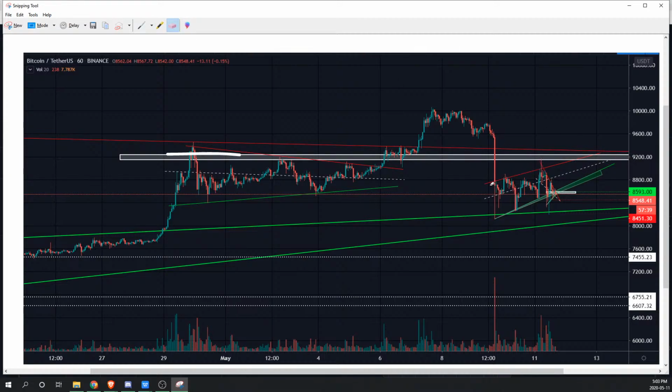So right now it's just an analysis of whether we're going to break to the downside here with that rejection, or could we see another rejection, maybe not even to the 9,200, but continuing this wedge along in the consolidation, getting tighter and tighter, squeezing the volatility until there's an expansion phase.